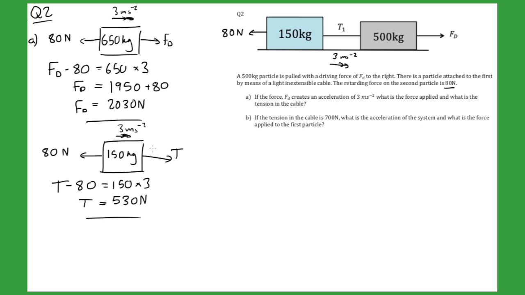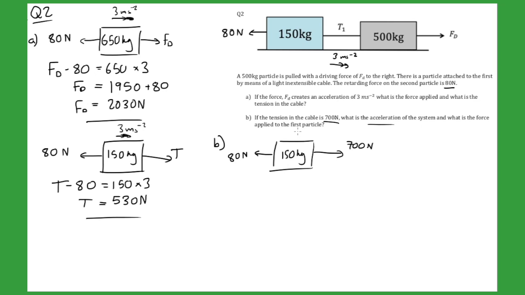Okay, so for part B, again, continue the theme of working backwards. The tension in the cable is now 700 newtons, so we want to work out the acceleration of the system. So starting with our second particle, I know that the tension is 700. The resistive force is still there, it's 80.